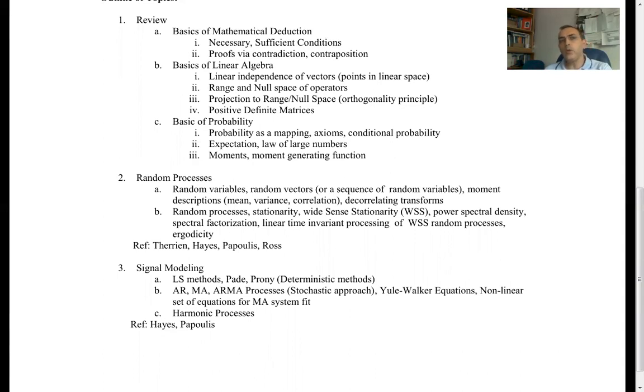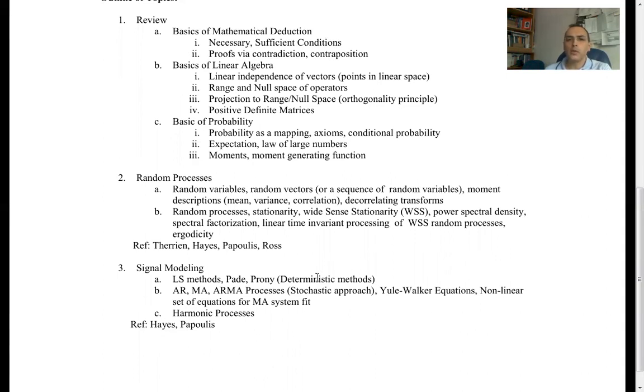You are interested in understanding this vibrational mechanism, so you want to fit an LTI system to this impulse response measurement, where the input is the hammer, and you are using accelerometers and so on to measure the vibration of this mechanical body.